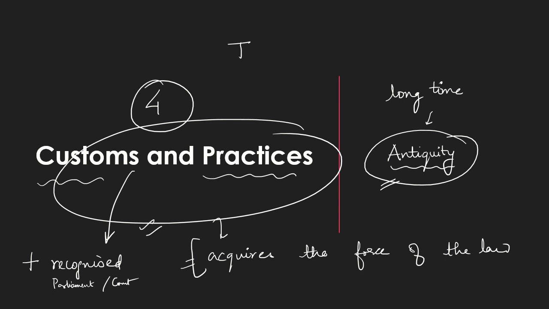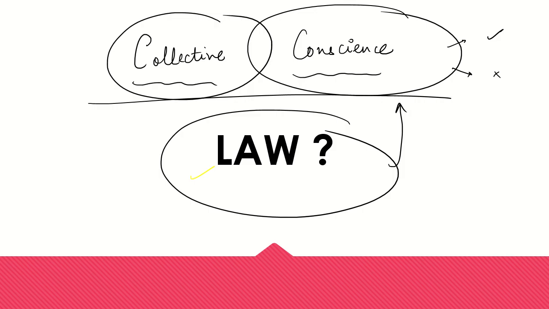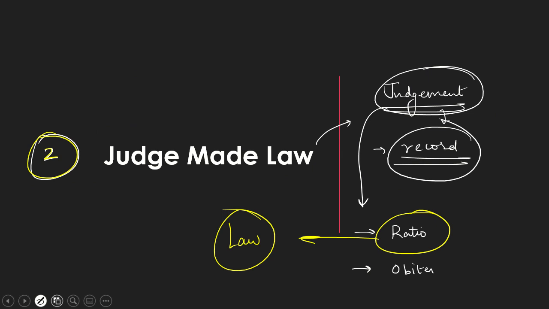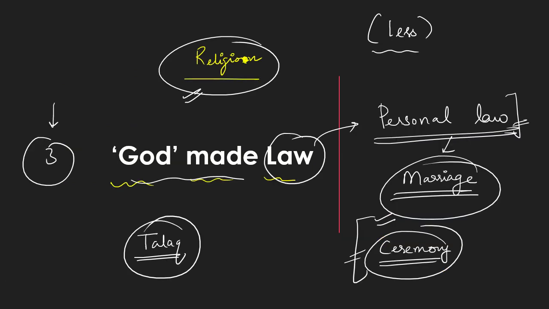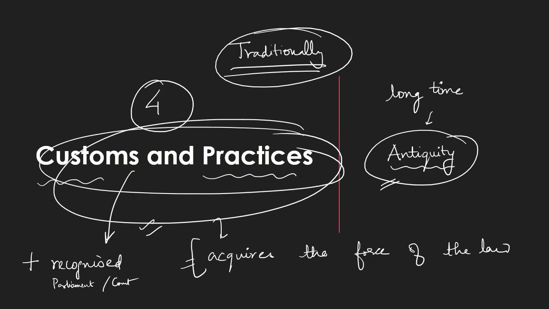Things which have been done traditionally can also become the law. All right, so what we've seen is that with regard to law, we have 4 types of law. Okay, the first and the second are more important, of course. These are the more important laws. However, we also do have these sources of law, 3 and 4, religion, customs, and practices, which also make up the law to some extent.